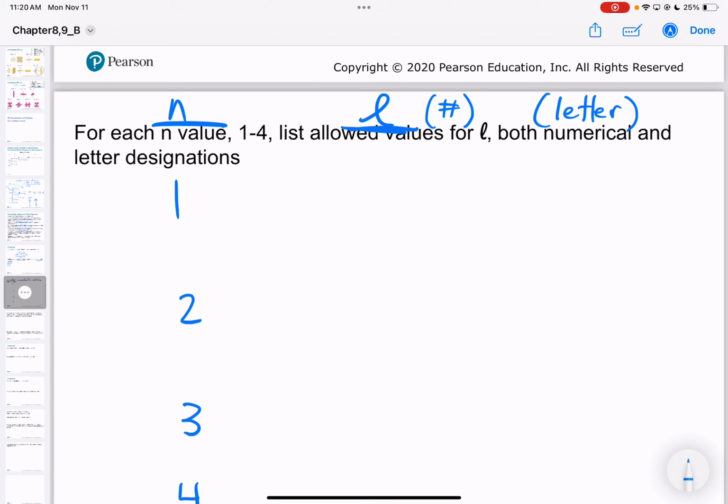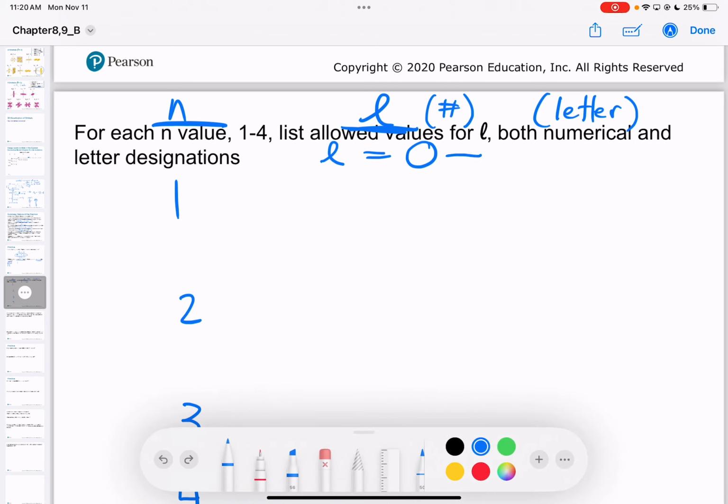Okay, so when it says allowed values, you want to think back to the rules, for example, L is allowed to be a range of 0 through N minus 1. So when you think of allowed values, think of that rule and then do it for the specific N value. For N equals 1, a range of 0 through 1 minus 1, or 0.